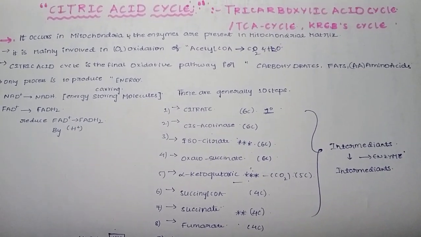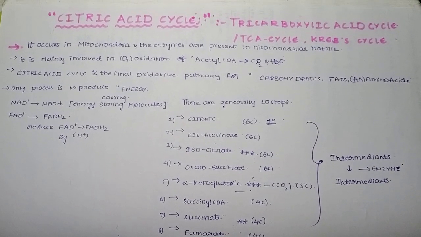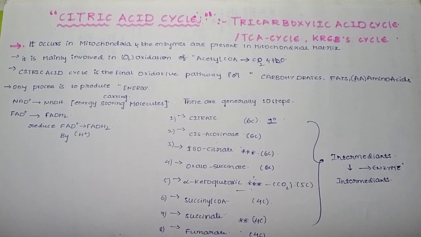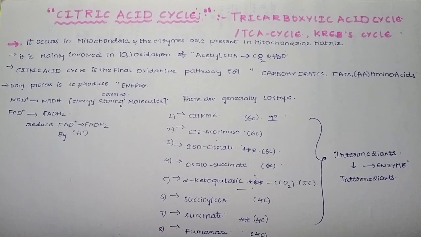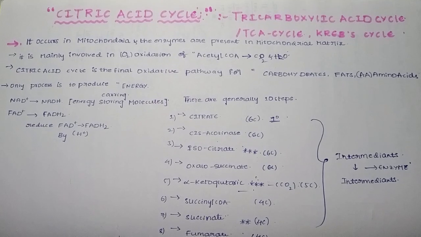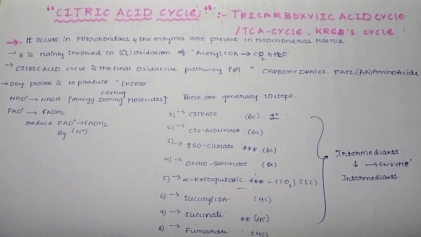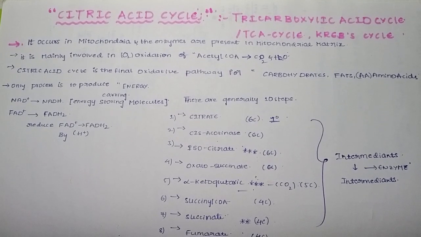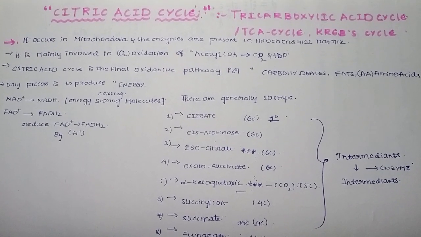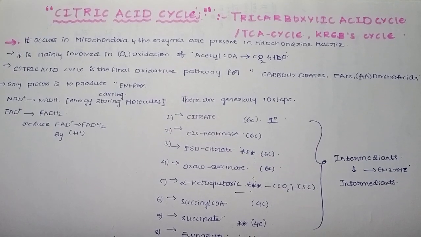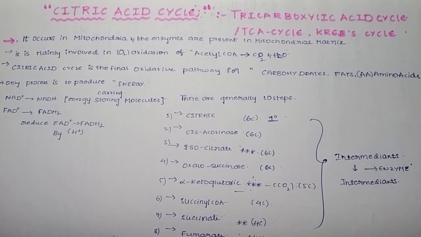Before going to the citric acid cycle, why do we need this cycle? To get energy we need this cycle. Whenever we think of energy in the cell, the organelle is the mitochondria, right? So this process occurs in the mitochondria, and the enzymes are present in the mitochondrial matrix.